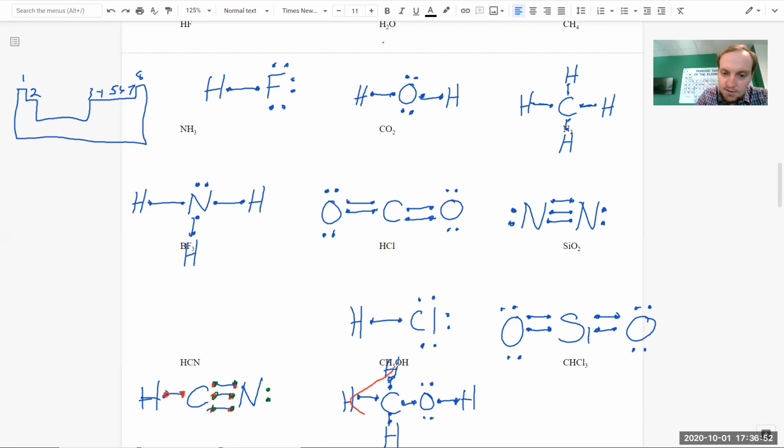So here are the 8 for carbon, the 4 right here that came from the carbon, and then the 4 in blue came from the oxygen and the 3 hydrogens. So carbon's happy. We already know, or should know, just by looking at this, that the hydrogens are happy.